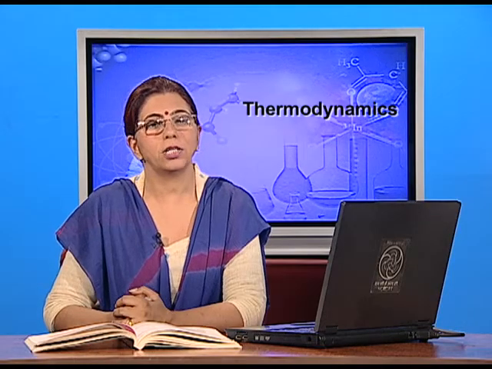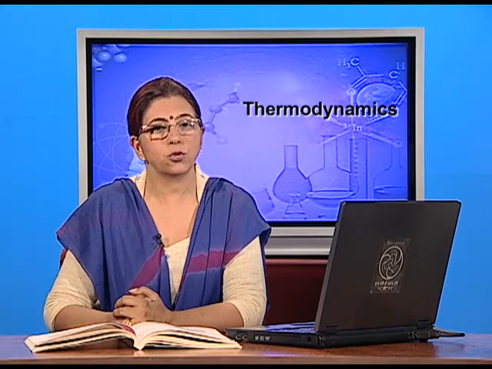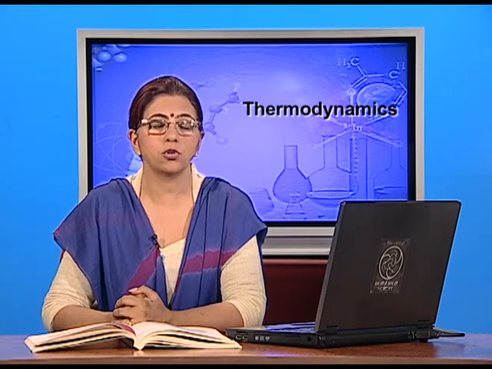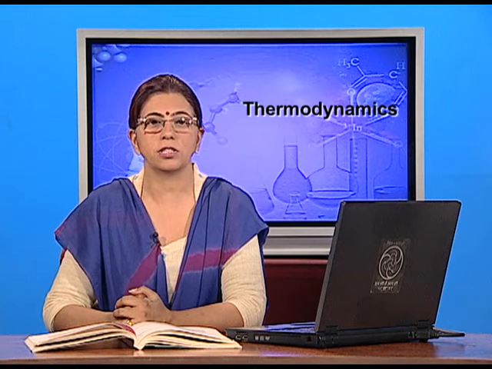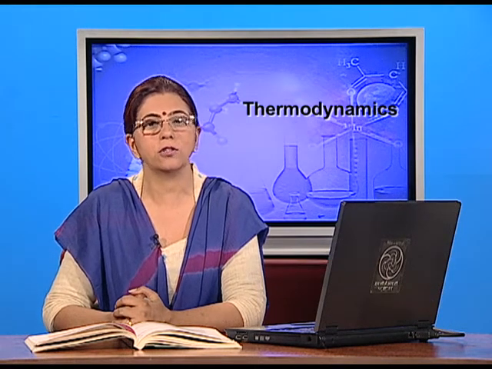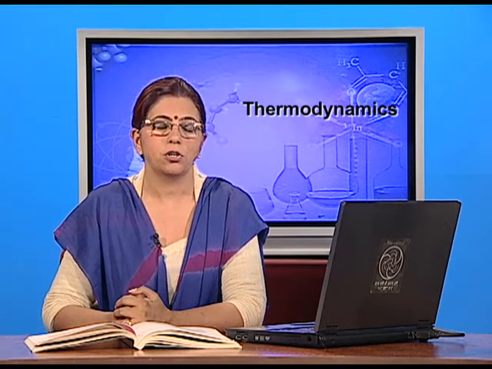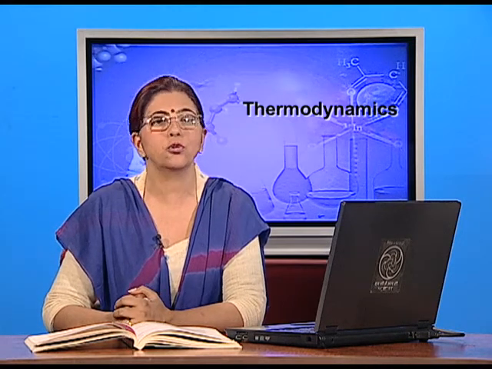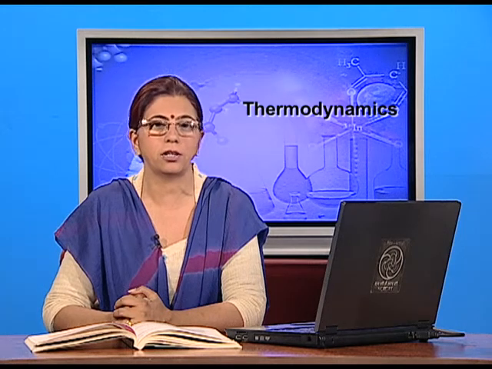Dear students, in this unit on thermodynamics, we studied the internal energy which is associated with every fixed quantity of a substance, and which is the sum total of the many different energies which the constituent particles of the system possess. To find out the exact value of internal energy is not possible, so we find out the change in internal energy.